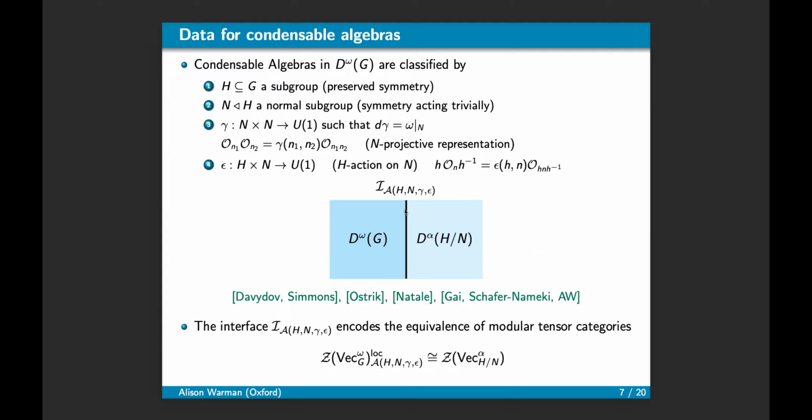And then there's another bit of data, epsilon, which encodes the charge, basically the H action on N. So if we have a local operator labeled by N and we act by conjugation by H, then it will give us O conjugated by H, but also with a possible phase. Okay, so this is the data classifying the condensable algebras.